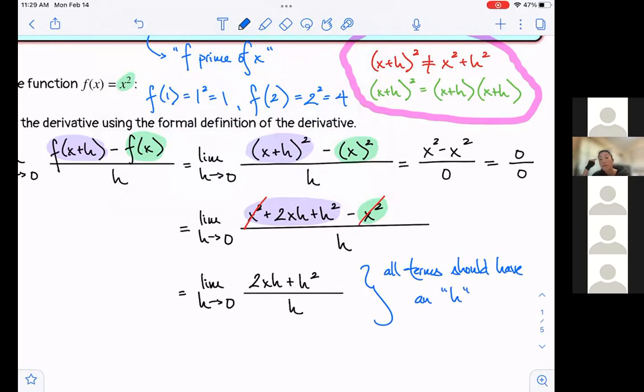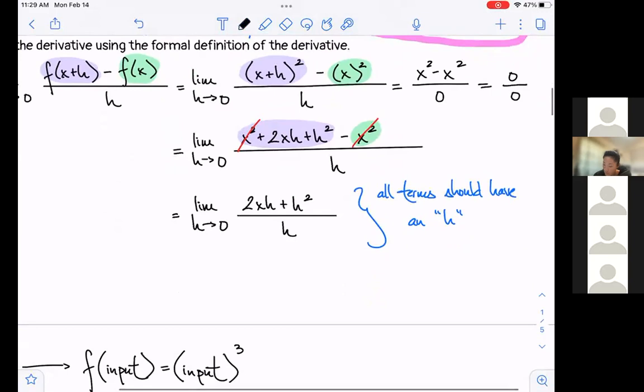That is a very good clue to look for. If you're like, I'm kind of following along, but I know I make a lot of algebra mistakes, at some point, pause and look. You should see that all terms have an h, okay?